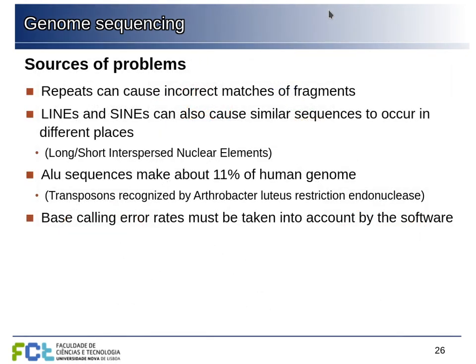So there are also, of course, lots of problems in addition to the computational problem. There are repeated sequences in the genome, and this can lead to incorrect matches of the fragments. So there is noise in those connections. There are these long and short interspersed nuclear elements that we have in the genome sequence that may cause similar stretches of sequences to appear in very different places, and thus create connections that will not be correct if we are following along the genome.